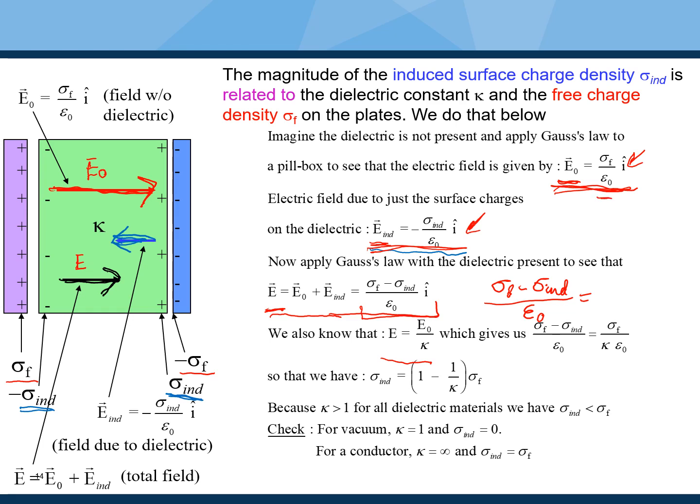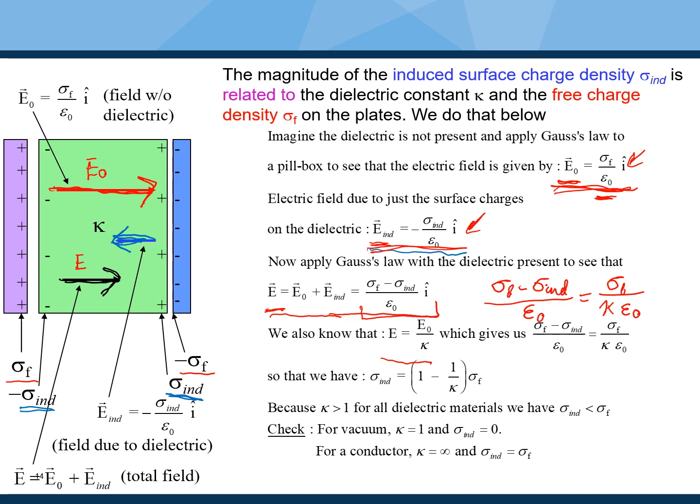But I have my formula for E0 being given by sigma f divided by epsilon naught. So I have sigma f divided by kappa times epsilon naught. Now this allows us to obtain sigma induced in terms of sigma f.